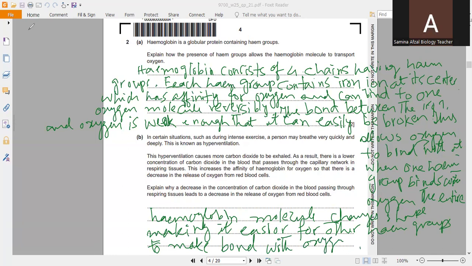So in this way, the hemoglobin molecule transports oxygen.